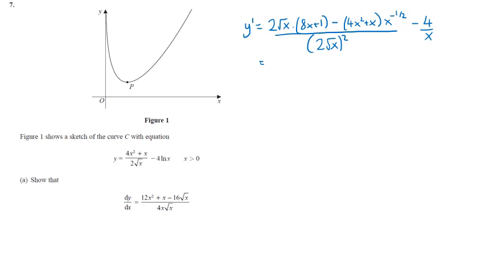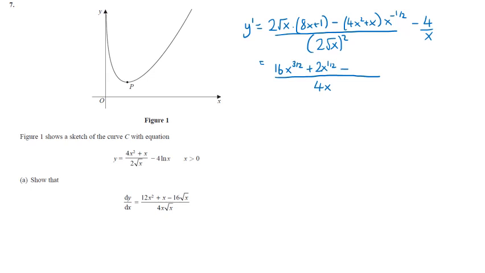Okay, so the denominator, 2 root x squared, that's going to just be 4x. And then let's just multiply everything out. So 2 root x times 8x, that's going to be 16. Remember, root x is x to the half, so I can combine those powers to make this 3 over 2. Plus 2x to the 1 over 2.